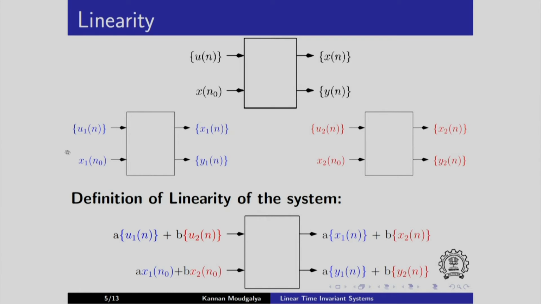Remember the same linear combination, if I use a times this, I should get a times this in the output. Similarly, if I use b times this here, then I should get b times this output over here. Then we say the system is linear.